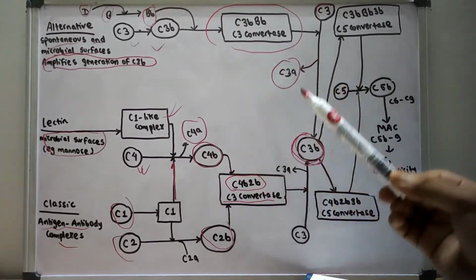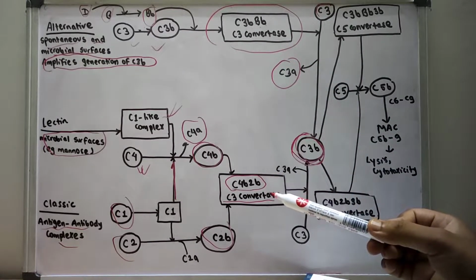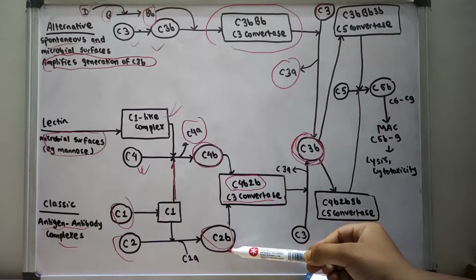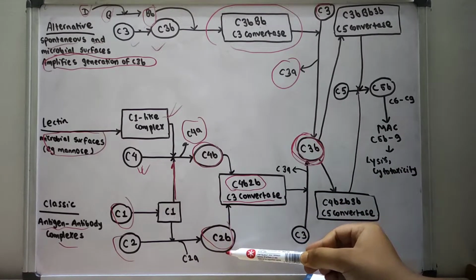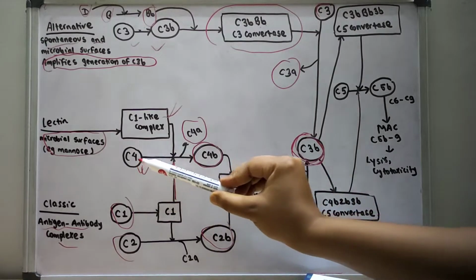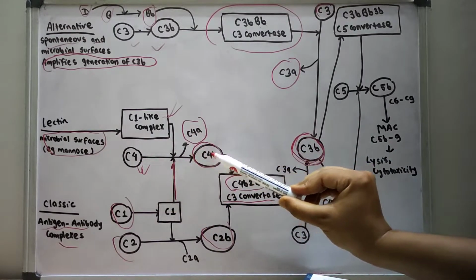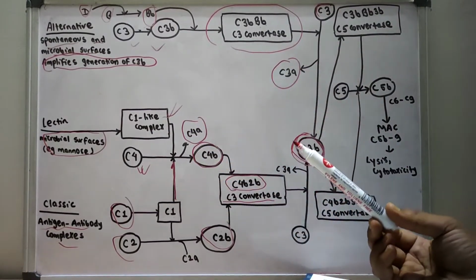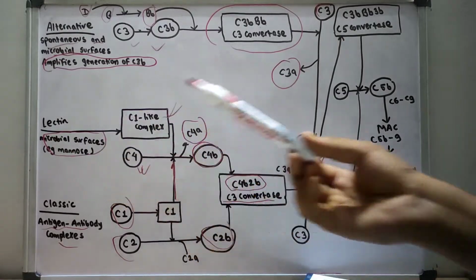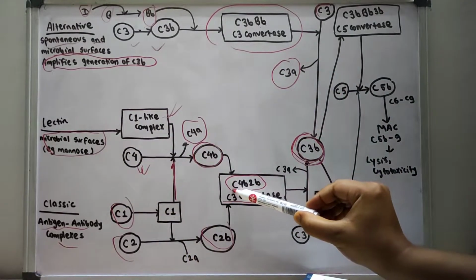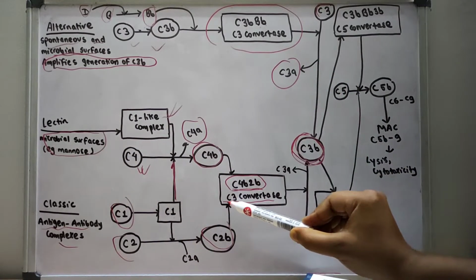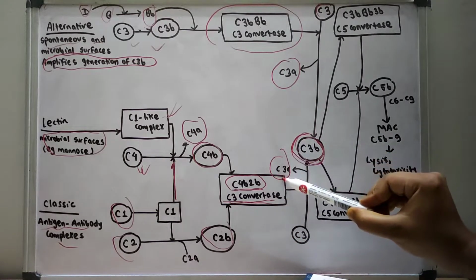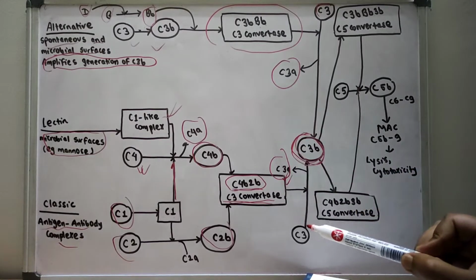And the C1 can convert C4 to C4b in both the lectin pathway as well as the classical pathway. So from both lectin and classical pathway we have C4b2b. That means we have C3 convertase that converts the C3 to C3b, thereby generating the C3a.